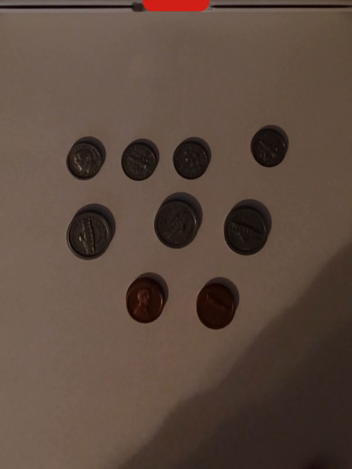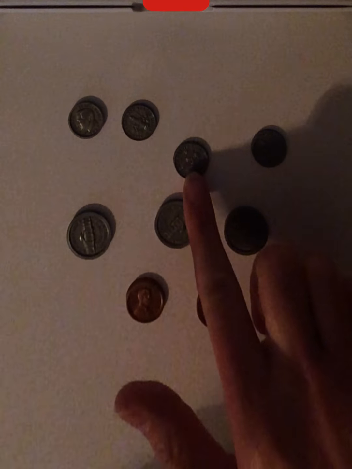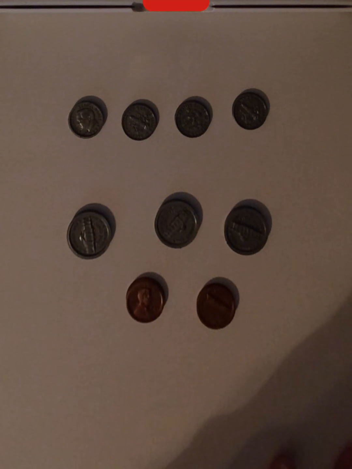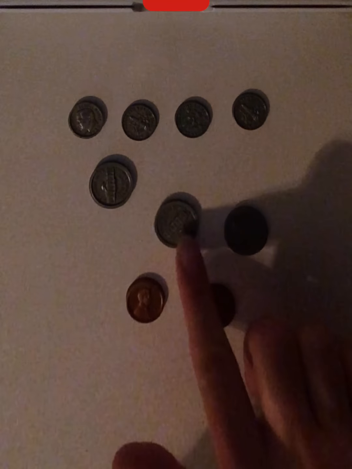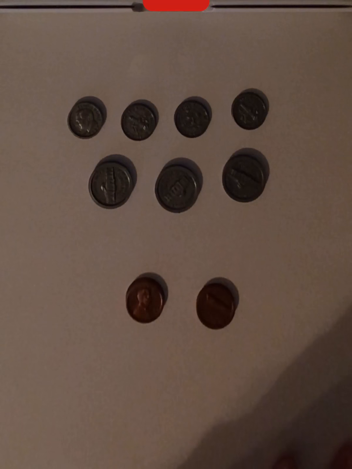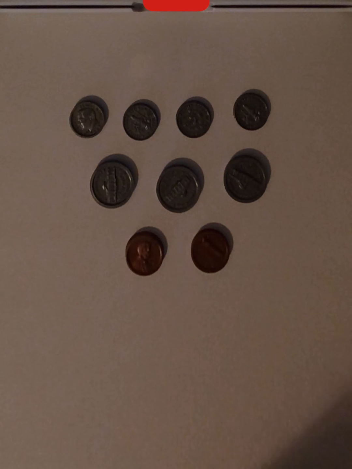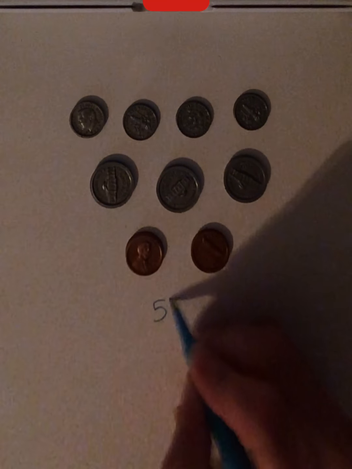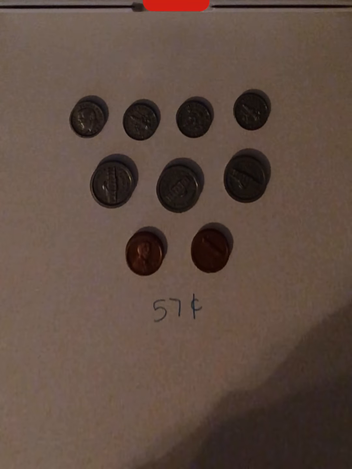If you said 10 cents, you are correct. 10, 20, 30, 40. Then we go on to our nickels. Nickels are worth 5, 45, 50, 55. Then we count on with our pennies. 56, 57. If you said we have 57 cents, you are correct.